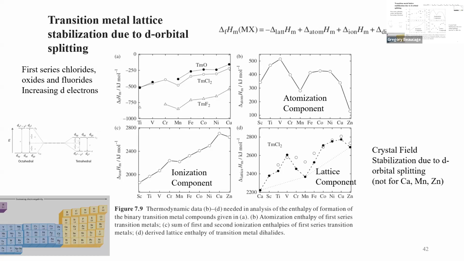In the book, he just says, here's the series. He talks about lattice energy, and then for transition metals, he says they're stabilized due to d orbital splitting, which means exactly those two energy levels for the octahedral. But he just says this and you don't know what he's talking about, so you have to go back and figure it out.